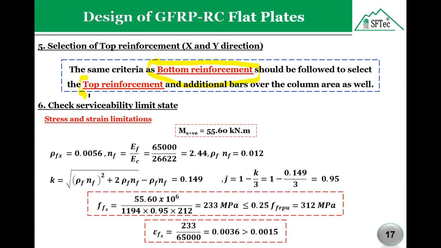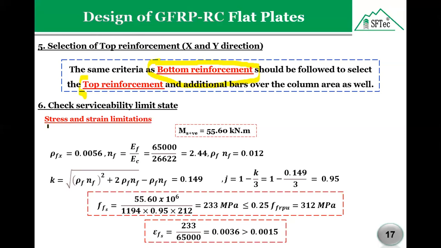So now we designed our slab in X and Y direction and selected the bottom reinforcement. Here we need to check the serviceability limit state in order to make our design complete.